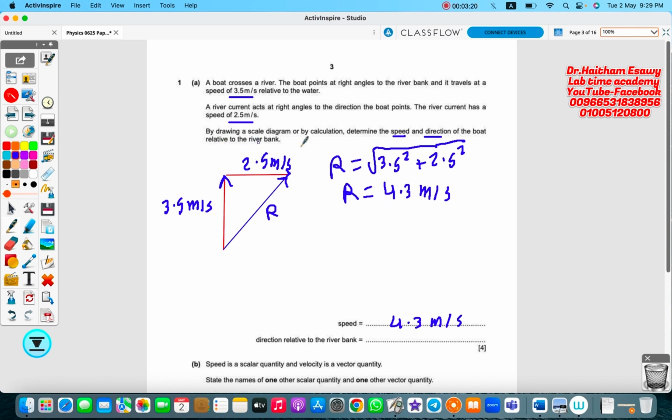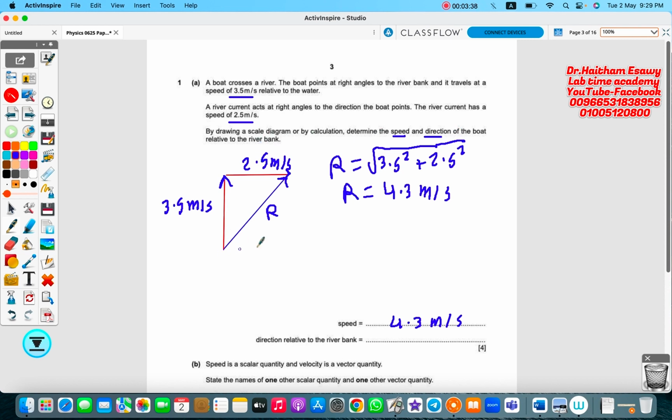Okay, after that he asked what is the direction of the boat relative to the river bank. The direction of the river bank, by the way, as you see, it's horizontal, not vertical. So he asked me to mention the direction of the boat relative to the river bank.